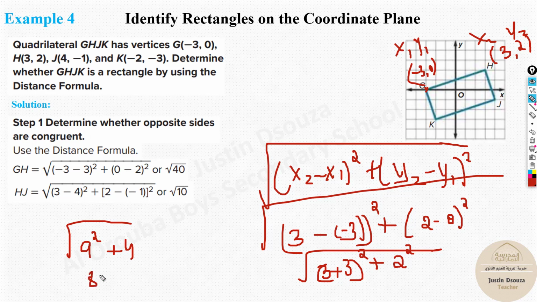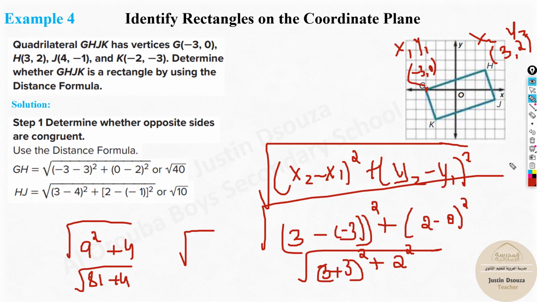9 squared is 81 plus 4, and it is... sorry, one second, what did I miss? It should be 40. It is 85 here. Let me quickly see what the mistake is. Okay, it is 3 plus 3.